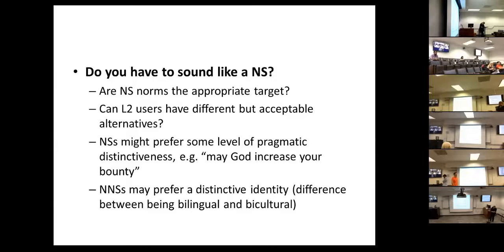I mean, they do if it seems to break some kind of socio-pragmatic boundary.